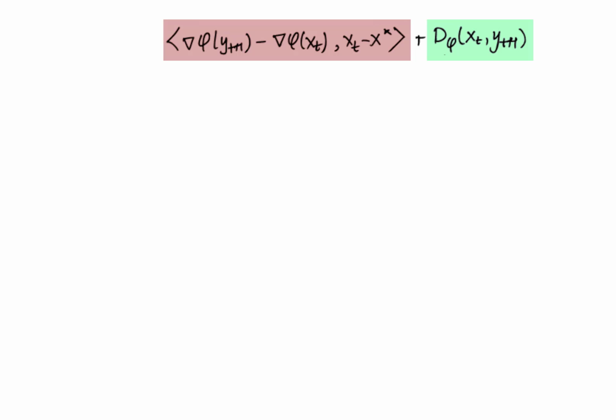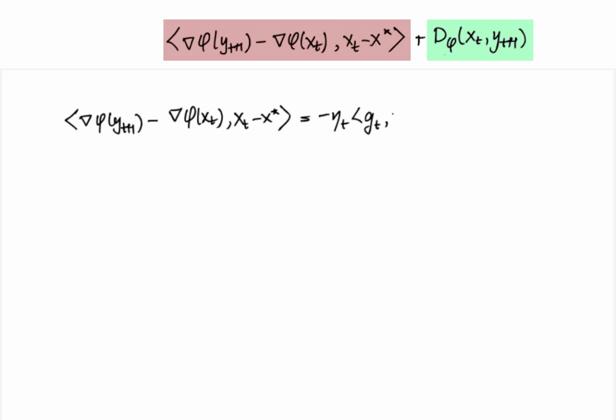The first term can be bounded using the update equation and the convexity of f, which yields that the inner product of gradient phi y_{t+1} minus gradient phi x_t comma x_t minus x star is equal to minus eta_t times the inner product of g_t comma x_t minus x star, which is less than or equal to minus eta_t times f of x_t minus f of x star.